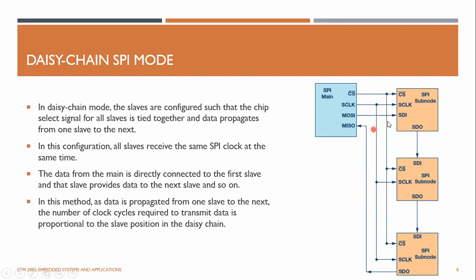But now these data lines are not shared in the same manner as in the regular SPI mode. The clock is common for all slaves, and the master out and slave in is sent to the first slave, and the data out from the slave is sent to the data in of the next slave, and the data out from the second one is sent to the data in of the other one, and the final nth slave at the end has its data out connected back to the data in of the master.